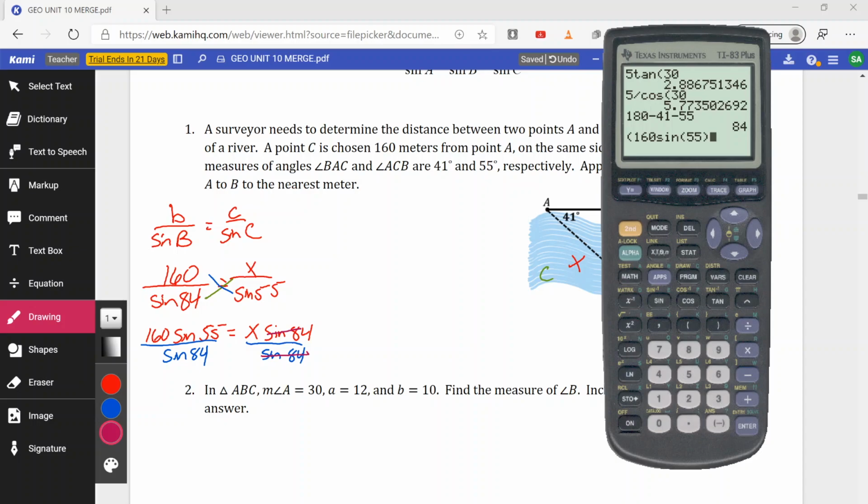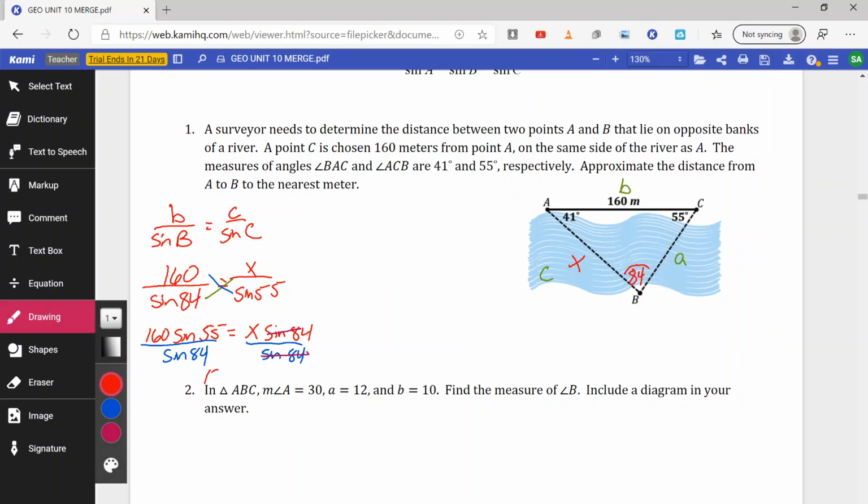And I have two open parentheses, so I need two close parentheses. And I'm going to divide by the sine of 84. And to the nearest meter, we have 131.7, so we'll round up to 132. So 132 meters is x.